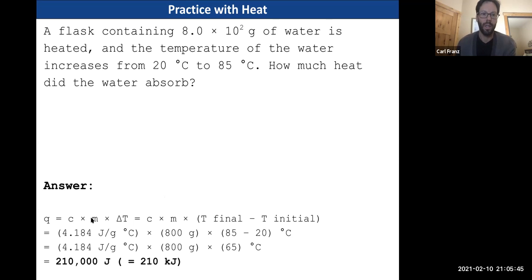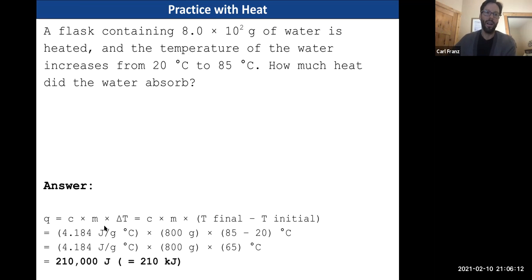And so very basically, we're looking for Q. And we're saying Q equals C times M times delta T. And C, because it's water, is going to be 4.184 joules per gram degree Celsius. And that's how you set up this problem, right? Pretty straightforward.